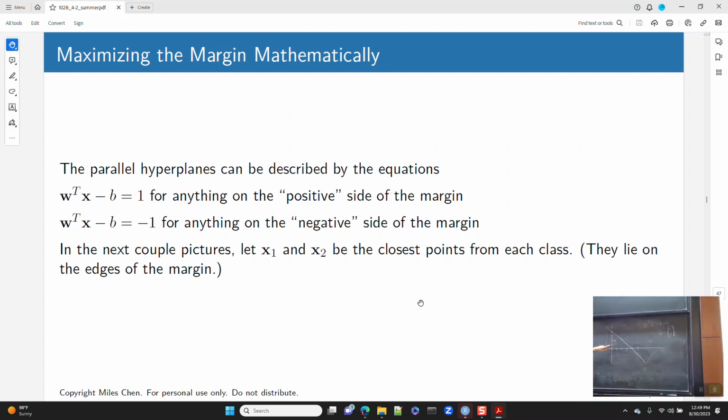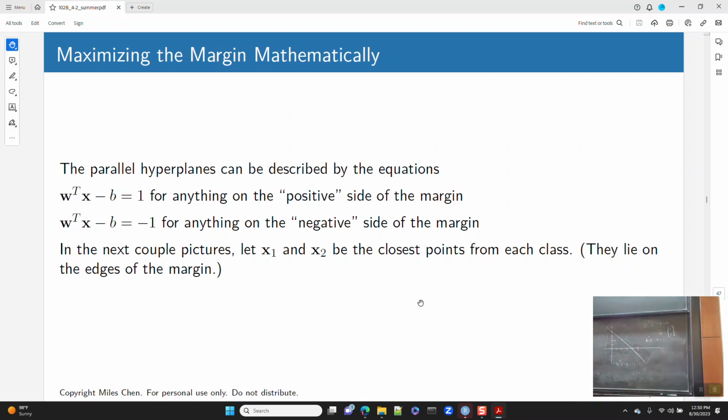Then if I say w transpose x minus 4 equal to positive 1, I would get a parallel line like that. And if I say w transpose x minus 4 equals negative 1, I get a parallel line like that.